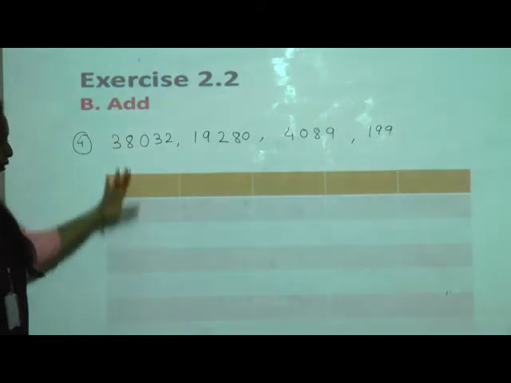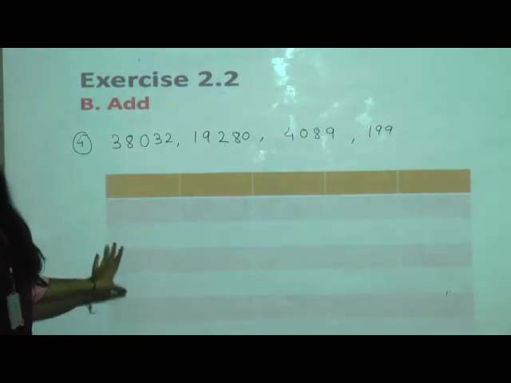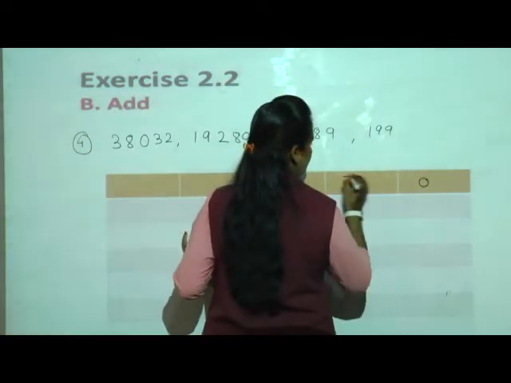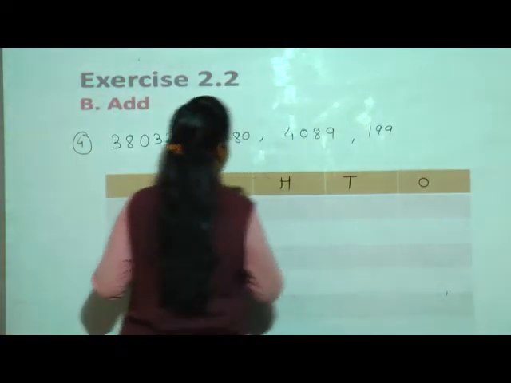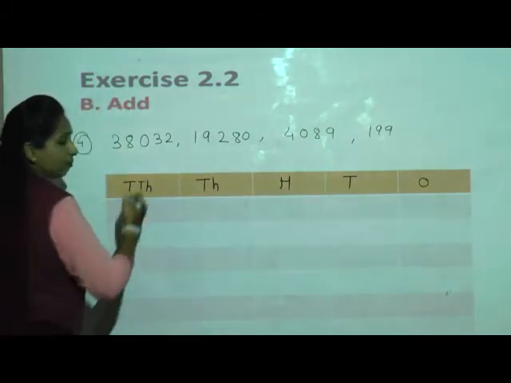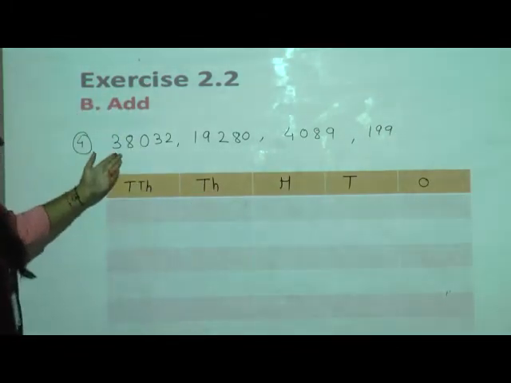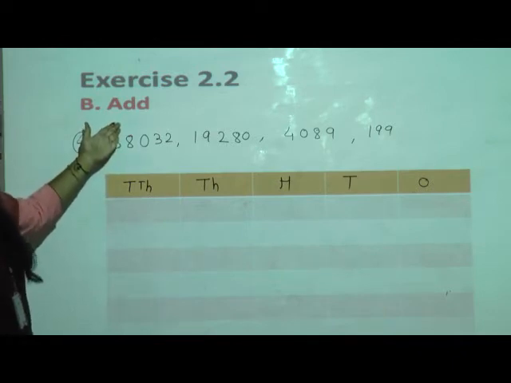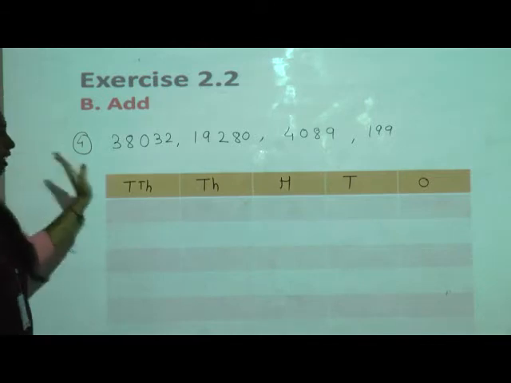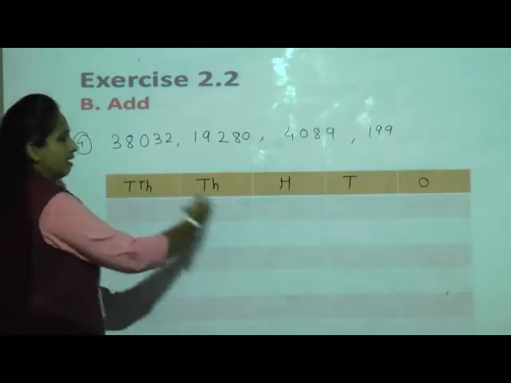Now what will you do? You will draw one place value chart and write ones, tens, hundreds, thousands, ten thousands. Okay, now you can give place values to the numbers or else you can write directly. So always start from the right side.